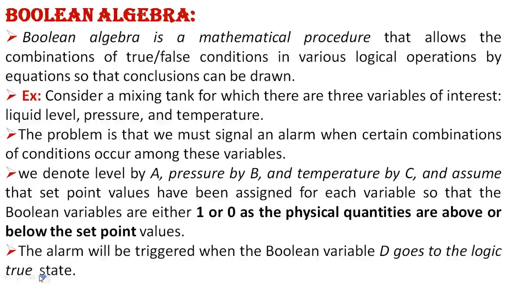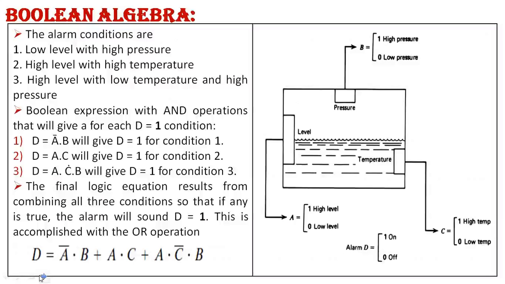So we denote the water level, the pressure and the temperature, and assume set point values have been assigned to each variable, so that the Boolean variables are either 1 or 0 as the physical quantities are above or below the set point values. The alarm will be triggered when the Boolean variable D goes to the logic true state.